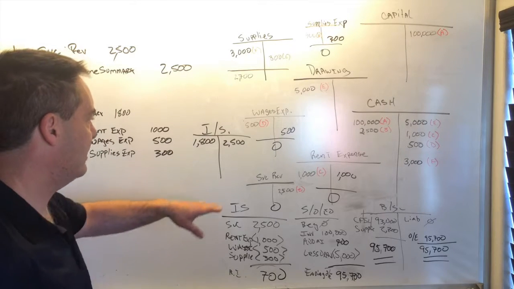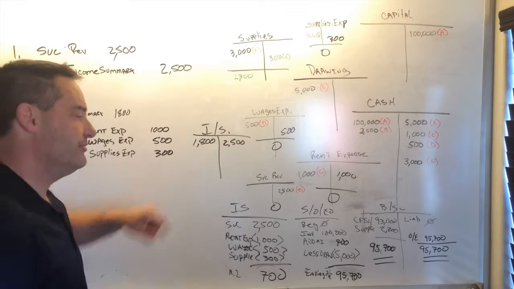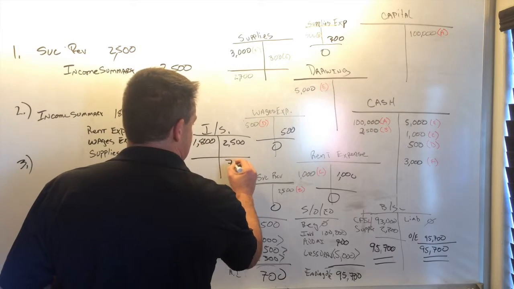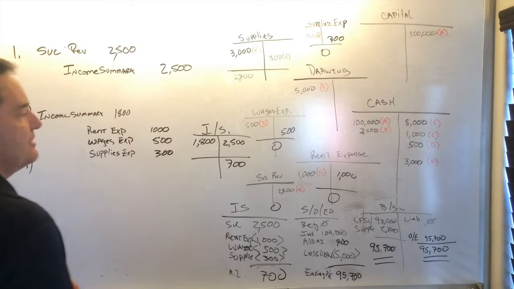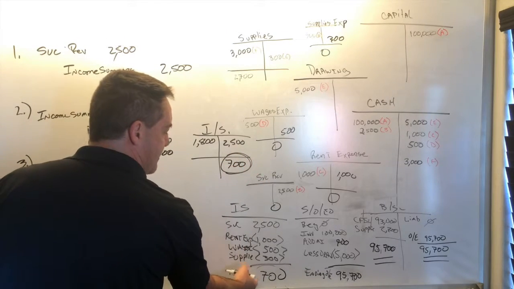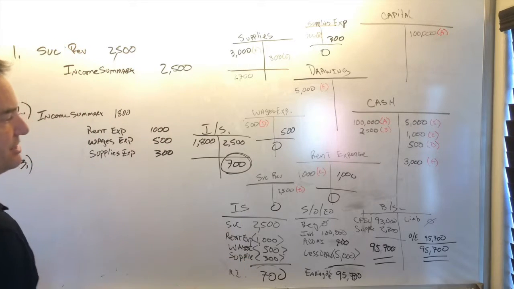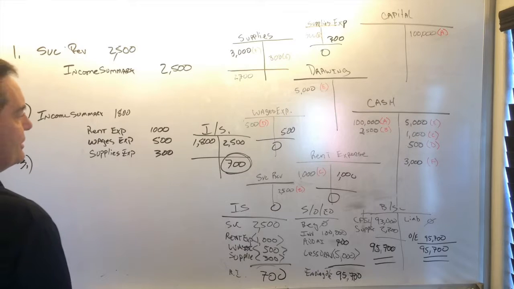So if the income summary account has $2,500 worth of credits, $1,800 worth of debits, that means it has a $700 credit balance. Now that $700 credit balance matches my income statement. Okay, so it's kind of like a way of checking to make sure you've closed down all of your accounts.